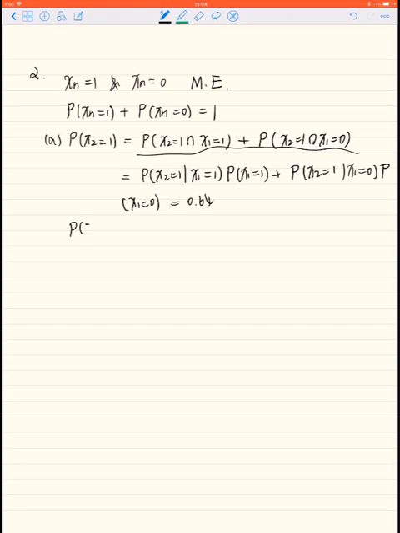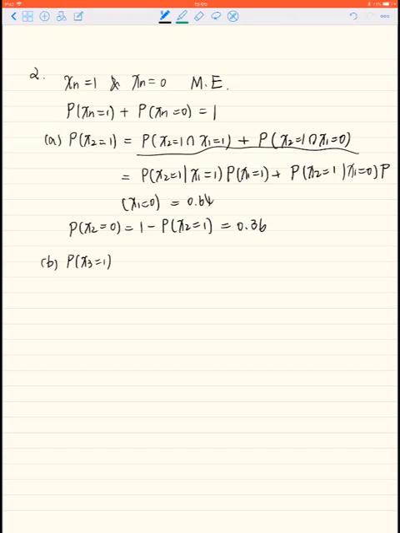Hence, the probability that X2 equals 0 should be 1 minus the probability that X2 equals 1, which is 0.36. Now we have to figure out question B, the probability that X3 equals 1.